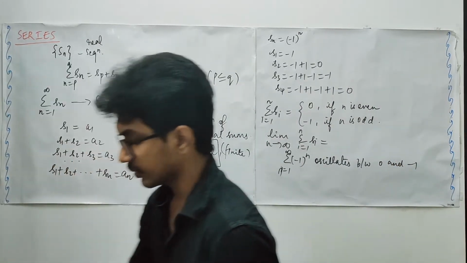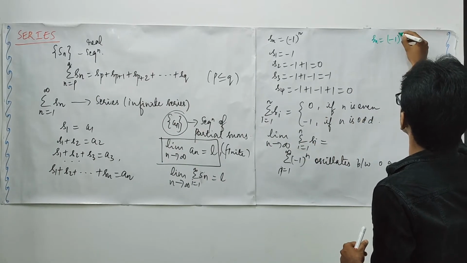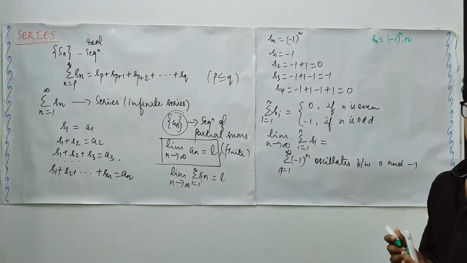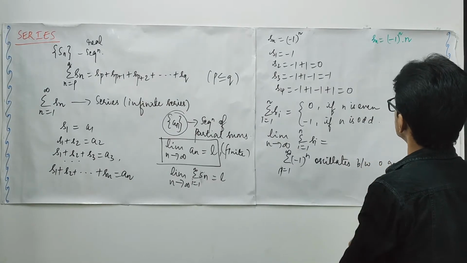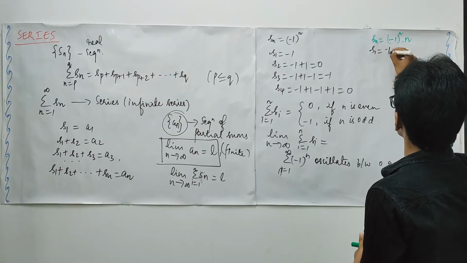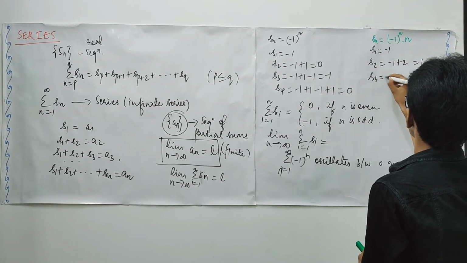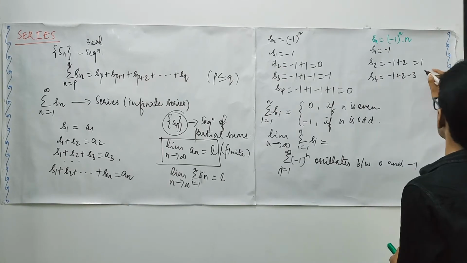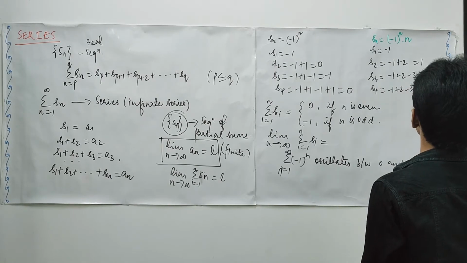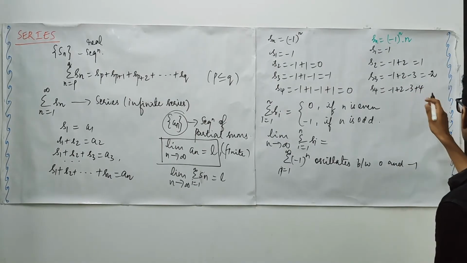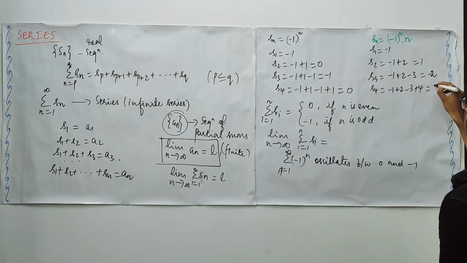Similarly, if you take Sn equal to minus 1 to the power n times n, here S1 is going to be minus 1, S2 is minus 1 plus 2, which is 1, S3 is minus 1 plus 2 minus 3, which is minus 2, S4 is minus 1 plus 2 minus 3 plus 4, which is 2.